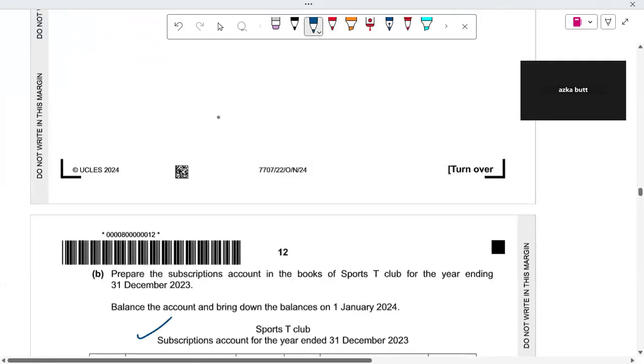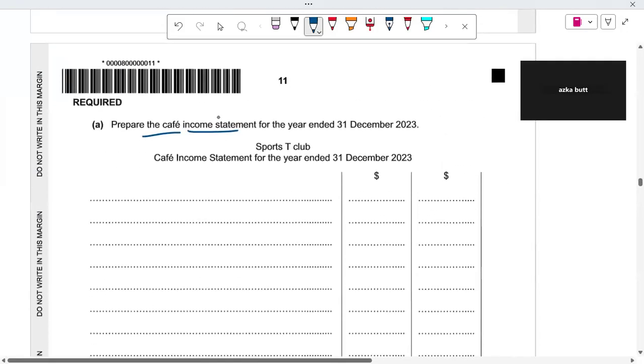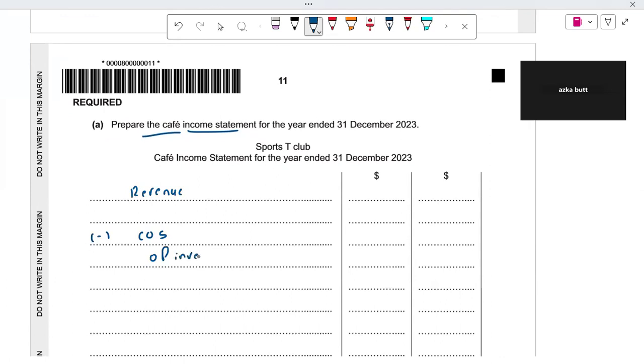Okay, so now first of all, we are going to make the cafe income statement. First of all, we have the revenue minus cost of sales: opening inventory plus purchases minus closing.